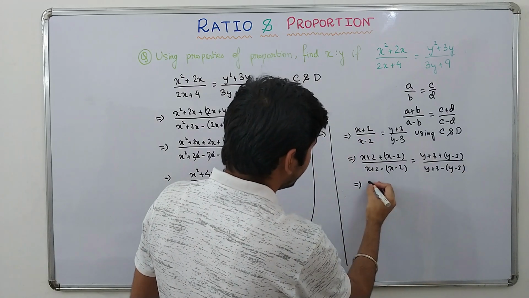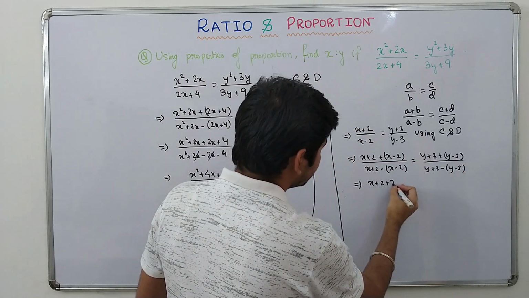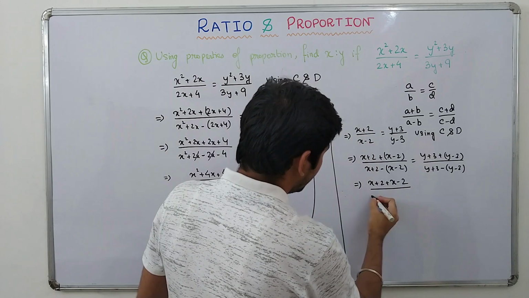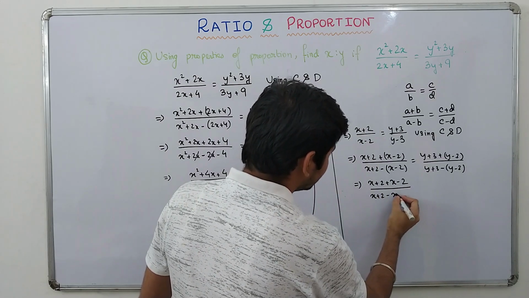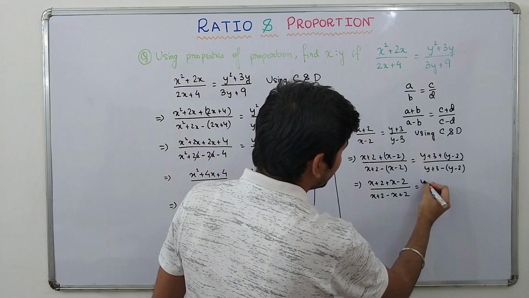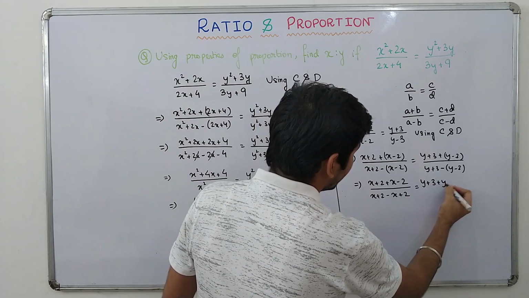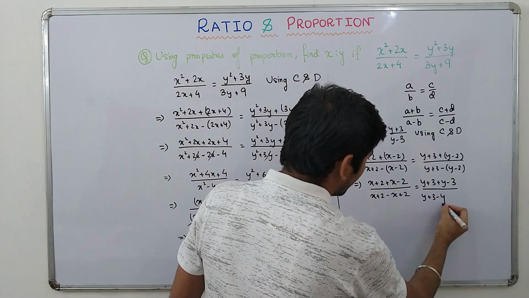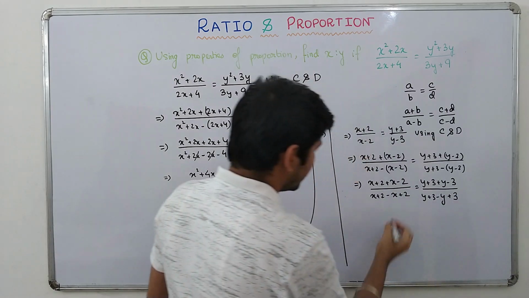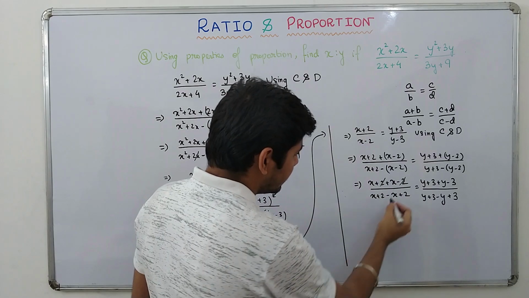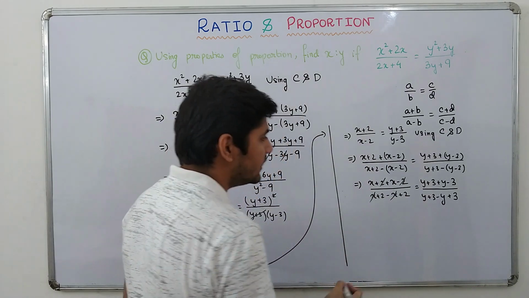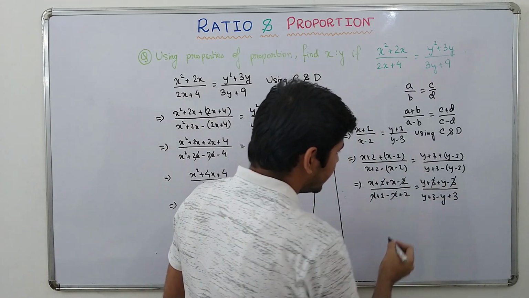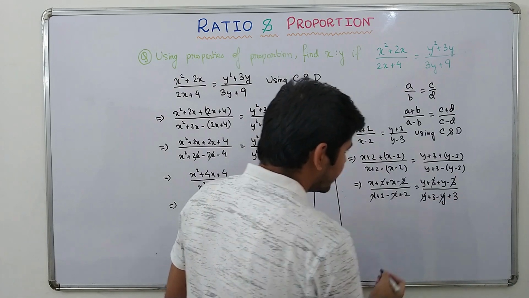So what do we get? We get (x plus 2 plus x minus 2) by (x plus 2 minus x plus 2) is equal to (y plus 3 plus y minus 3) by (y plus 3 minus y plus 3). This 2 and this 2 gets cancelled, this x and this x gets cancelled, this 3 and this 3 gets cancelled, this y and this y gets cancelled.